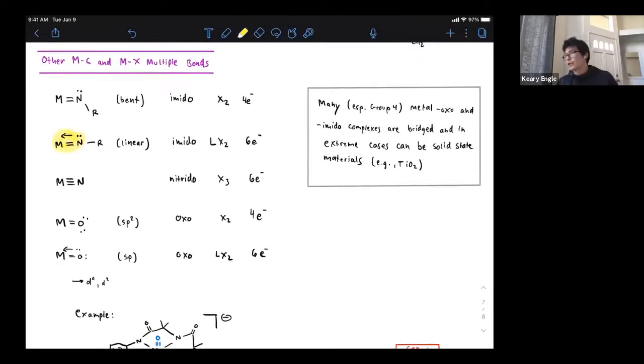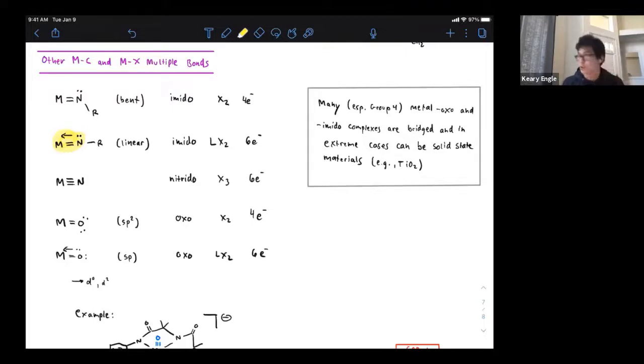And then in direct analogy to what we just saw with nitrogen is the same sort of treatment with oxygen. So metal oxos can be, unless otherwise specified, you should assume that they're X2, kind of like just having 2 hydroxide ligands or 2 alkoxide ligands, but combined onto the same atom, 4 electron. And then in some more exotic cases, actually a lone pair from oxygen can likewise donate in.